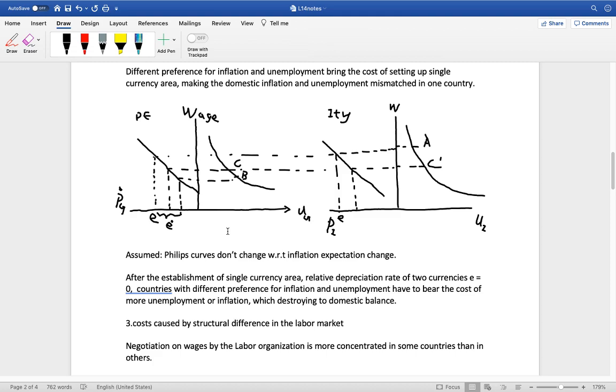So we can use purchasing power parity to equalize the two countries' inflation. The Deutschmark's appreciation rate with respect to the Italian lira is denoted by the lowercase e.